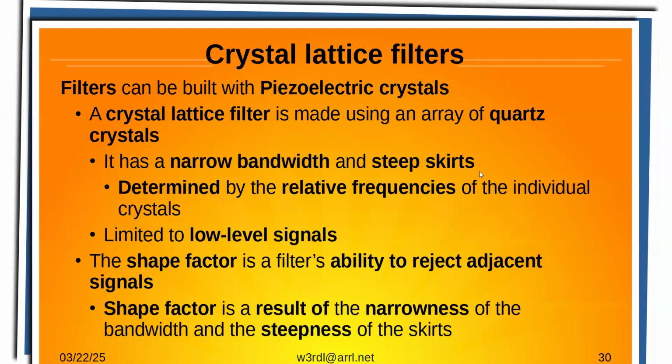Okay, crystal lattice filters. You can make filters out of piezo crystals. And by having them at different frequencies, you can make a passband that has very steep skirts. I think the chart coming up shows one with just 4 crystals, but a lot of times they have more than 4.